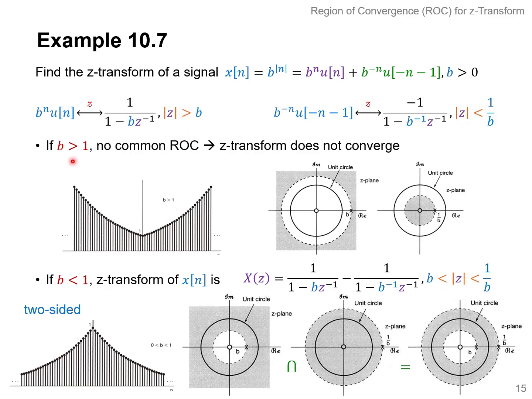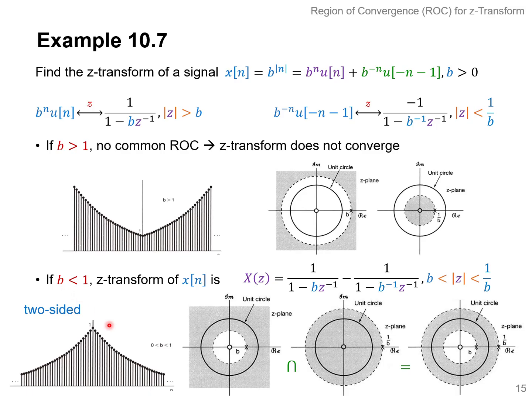If B is larger than 1, the two ROCs do not overlap. There is no region that satisfies both conditions. So the Z transform does not converge.